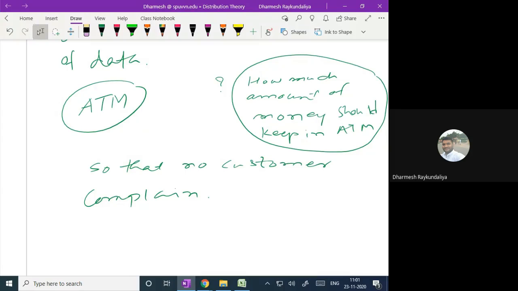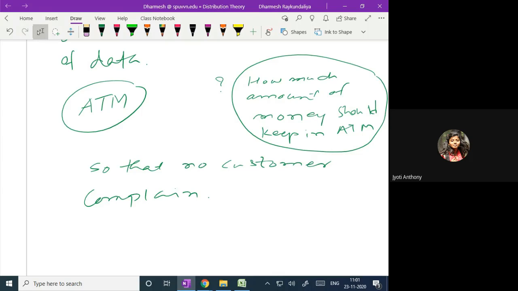See, the question is how much money we should keep in the ATM so it will be convenient for the customers, right? Yes, exactly. So as a bank, I am interested in how much amount of money I should keep. Should I keep 5 lakh, 10 lakh, 15 lakh, 20 lakh, crores? How much can the customer afford?